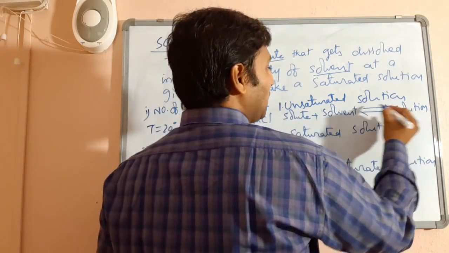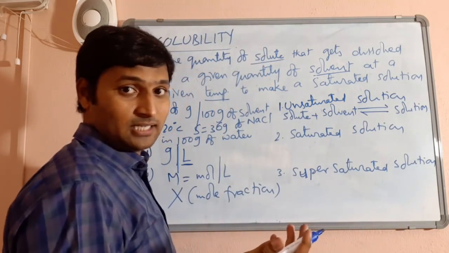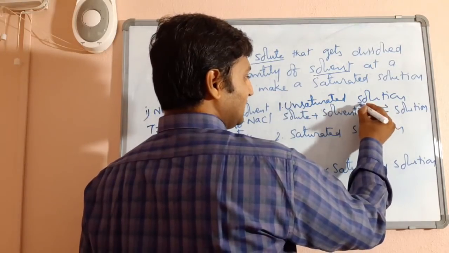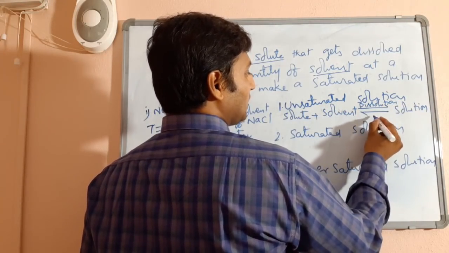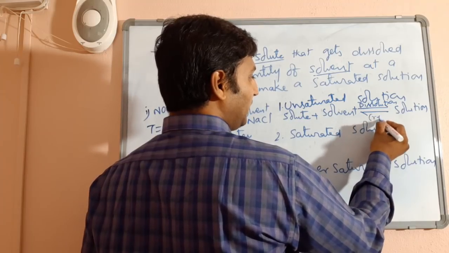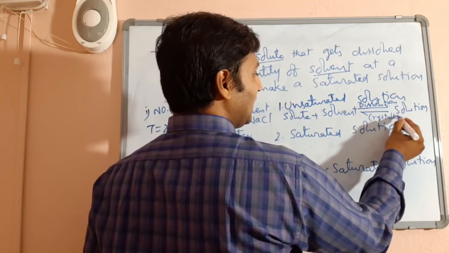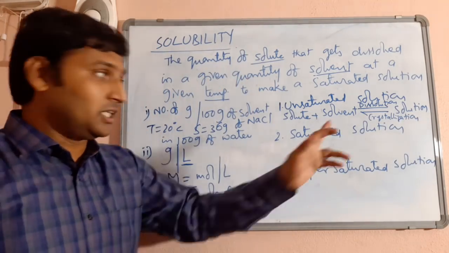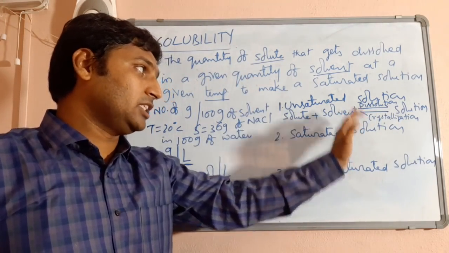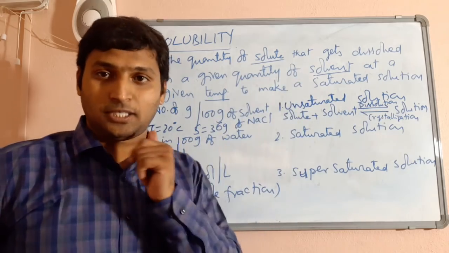So in this possibly reversible process, the forward process is dissolution. The backward process can be called precipitation or otherwise crystallization. The forward process is called dissolution, the backward process is called precipitation or crystallization.